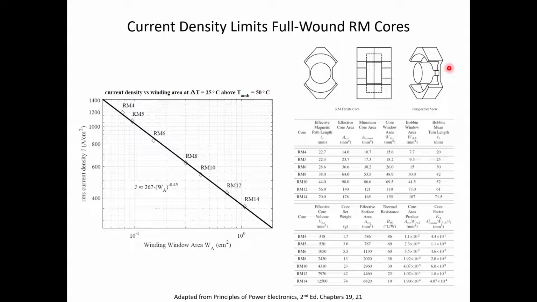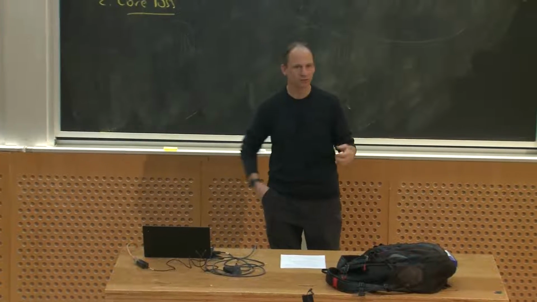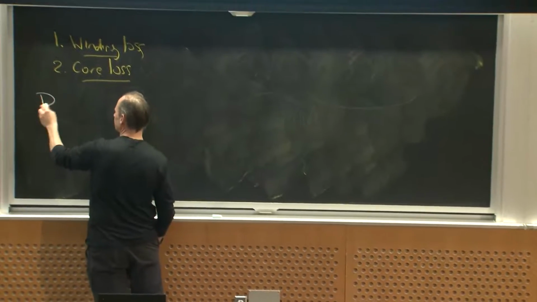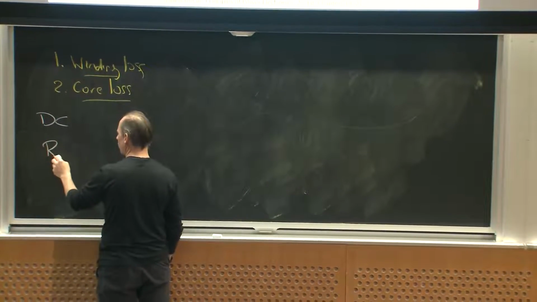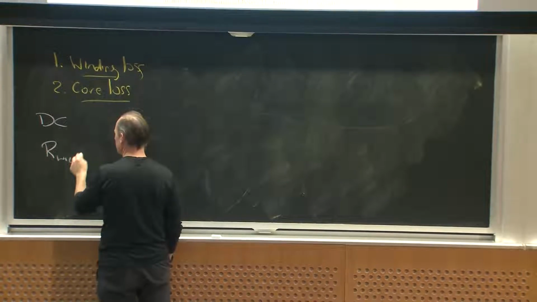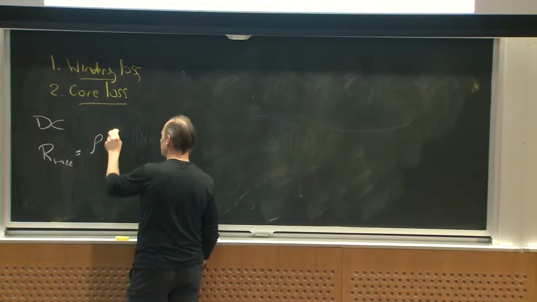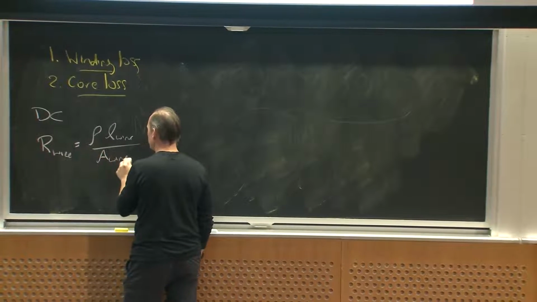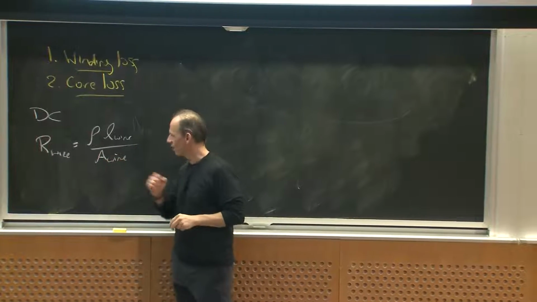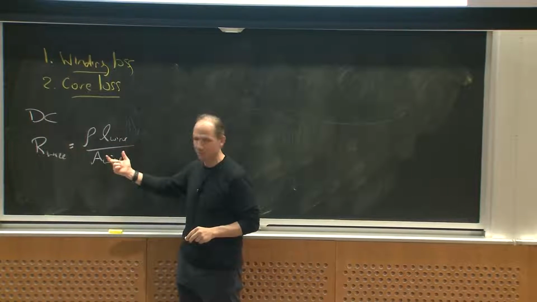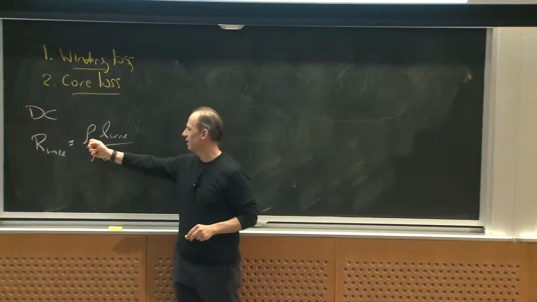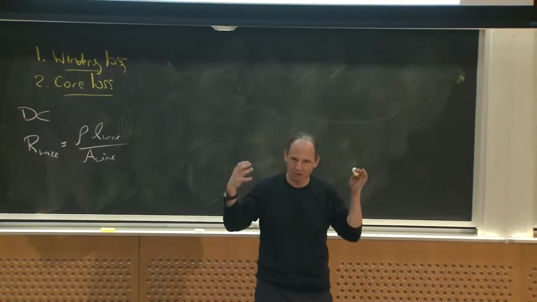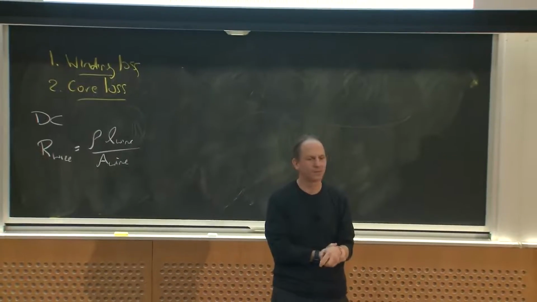So if you're going to have an inductor, you wind it with some length of wire. At DC, the resistance of the wire is simply rho times the length of the wire divided by the area of the wire. You would often pick your wire gauge to give you a certain area. You'll have some length, you wind it up, and resistivity times length over area is your wire resistance.